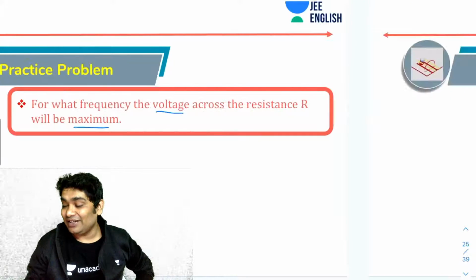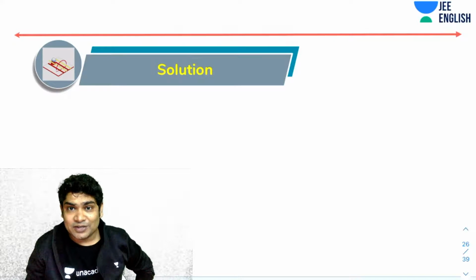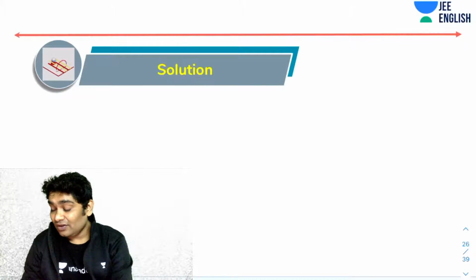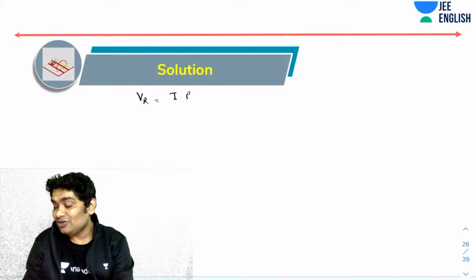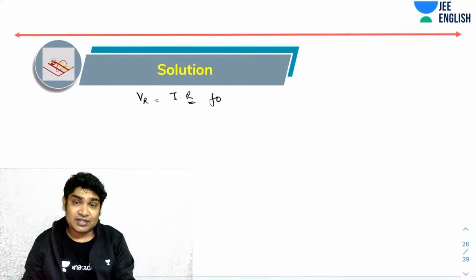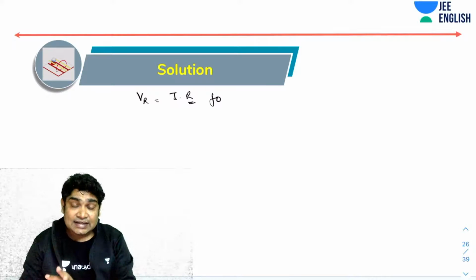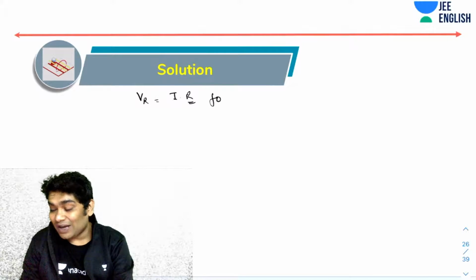Okay, that's it. They're just trying to confuse you. And I think a lot of you got confused probably because nobody seems to be giving an answer. So obviously I can say V across resistance is I times R. Since R is independent of frequency, that is why I can say that VR would be maximum when I is maximum, straightforward.